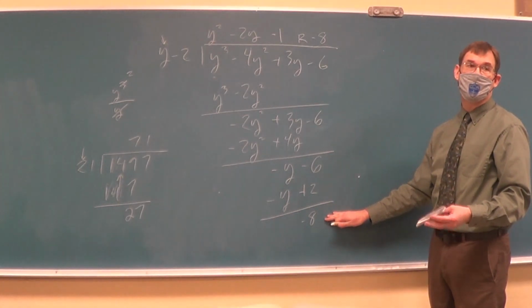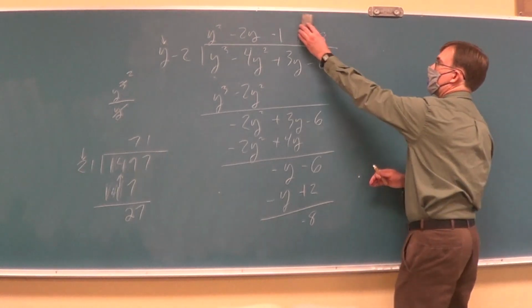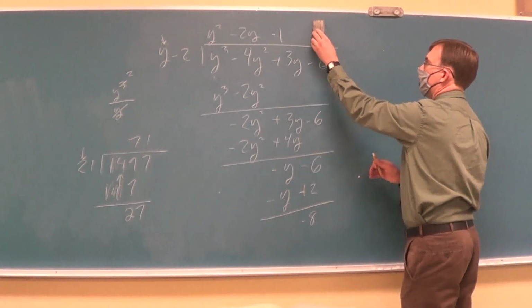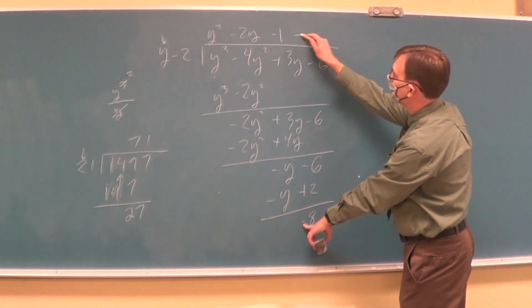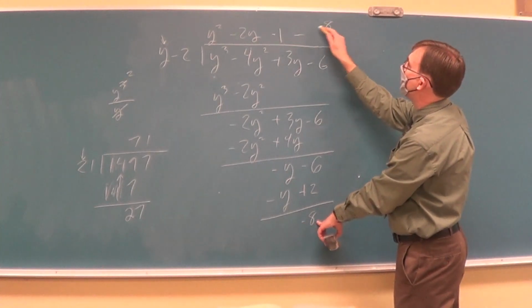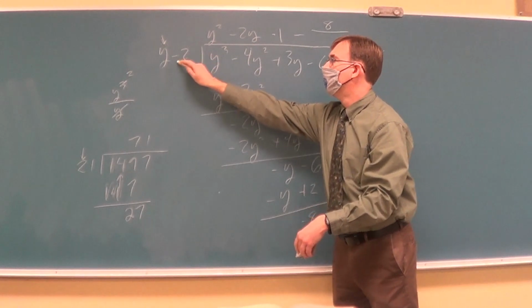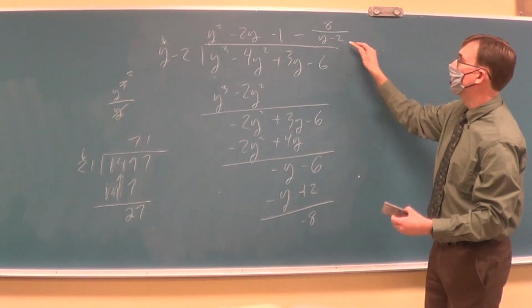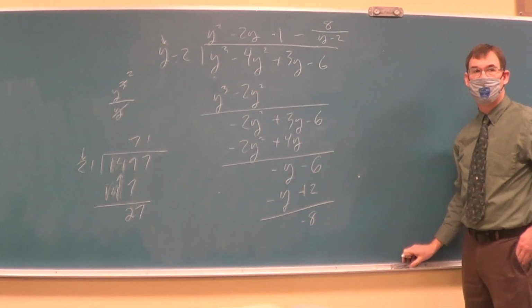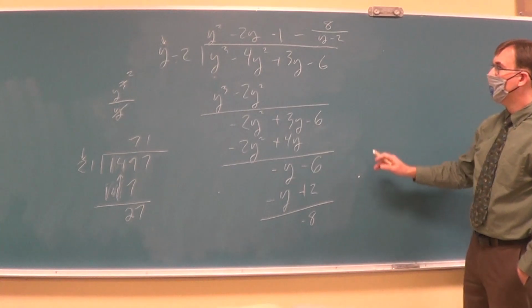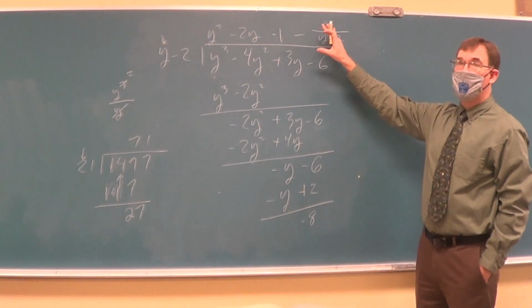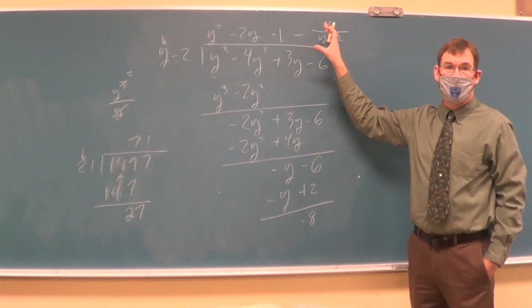They can be written as a fraction. So if you don't want to do the remainder thing, you could write -8 on top of y minus 7, the divisor, added to the rest. Either way it's written, I don't care, whatever you want to do.